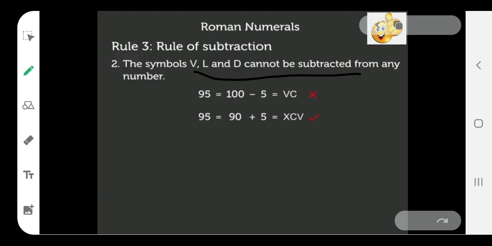We have to always represent it like 90 plus 5, that is, 90 is 100 minus 10, that will make 90. 90 is for XC, and V is for 5, and we can see 5 is the smaller number, so it is written on the right hand side, so we will add that number and it will make our number 95. So this is the rule, and these rules you have to write in your notebooks also.